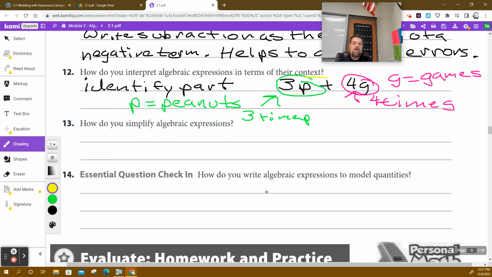Okay, let's do problem number 13. It says, how do you simplify algebraic expressions? Most of the time, you'll hear me say this a lot: you're going to combine like terms.